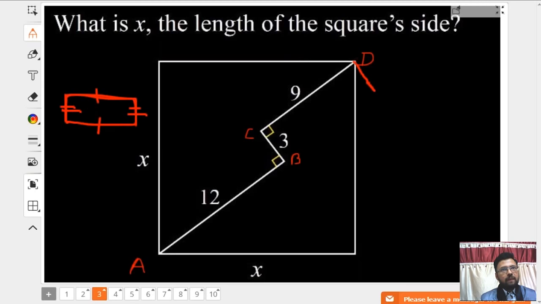Make this and we join. This is a rectangle. We just constructed a rectangle CDEB.